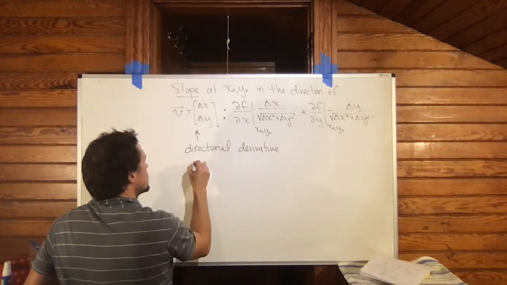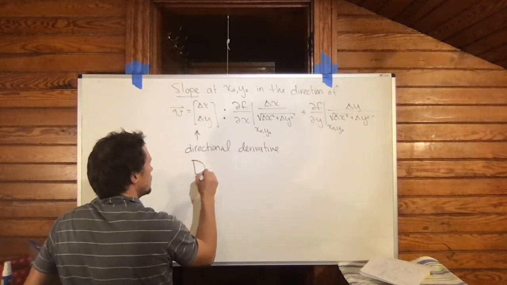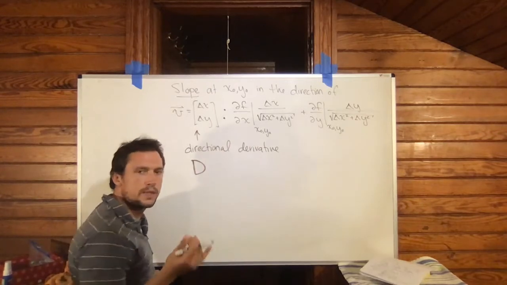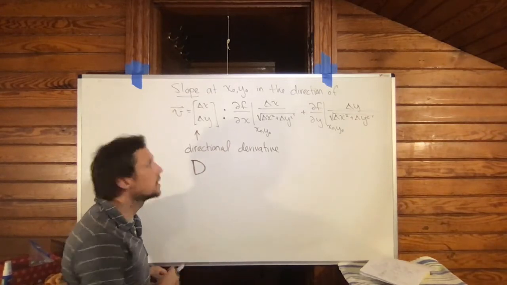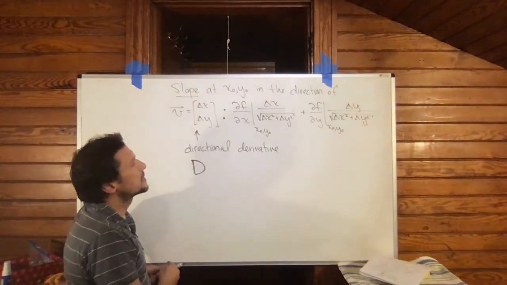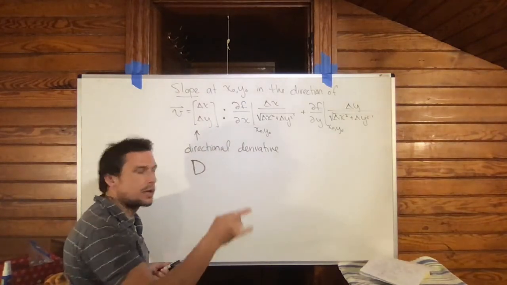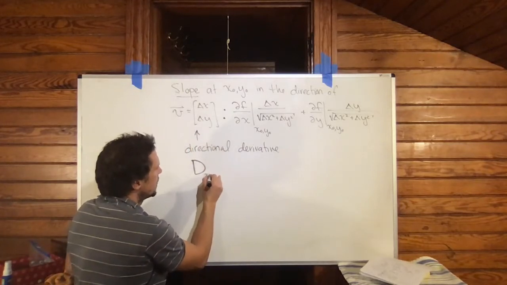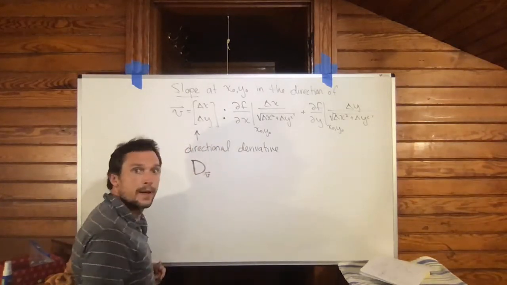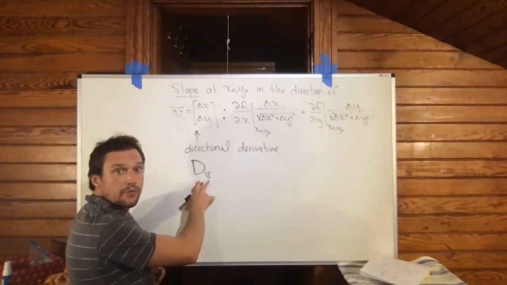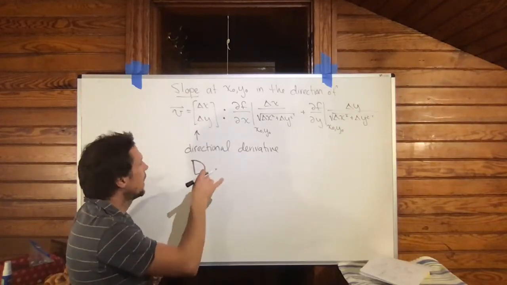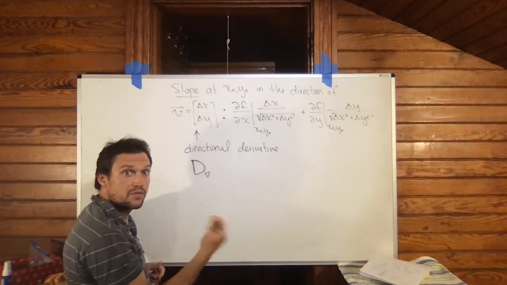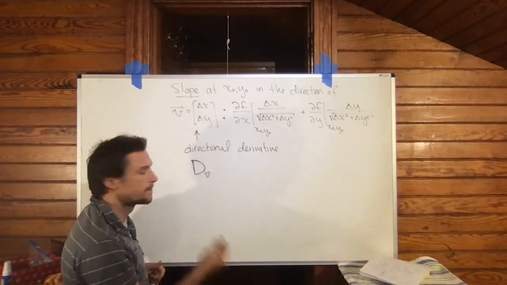And it's written this way, as a capital D. And then remember that associated with D will be a direction, right? So in this case, I want the slope in the direction of the vector v. So I indicate that generally with a subscript. In this case, I've written a subscript v to remind myself that I'm looking at the directional derivative in the direction of the vector v.